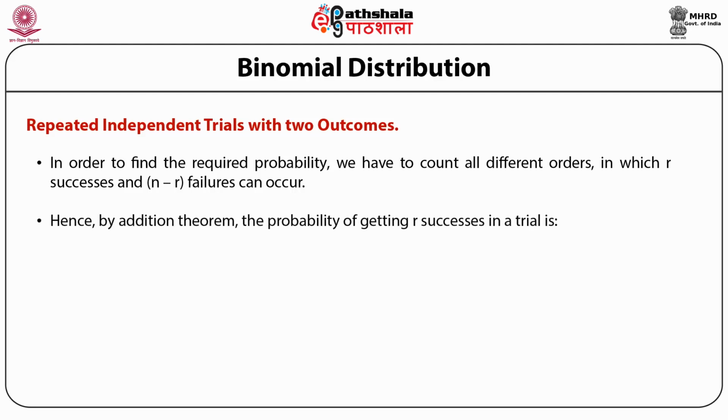So by addition theorem, the probability of getting r successes in n trials is nCr into p^r into q raised to power n minus r.